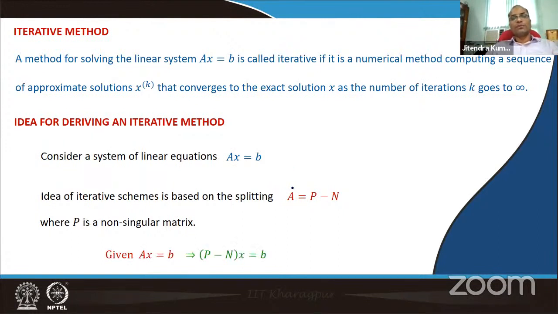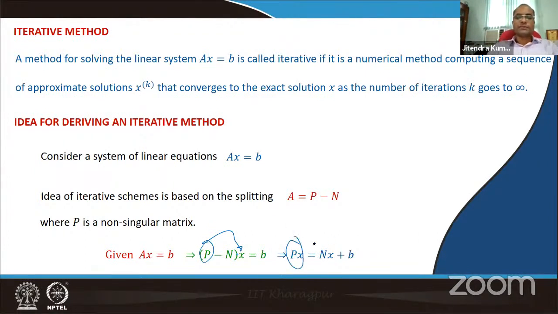Then Ax = b has this splitting, P minus N or P plus N, whichever way, the sign does not matter. It's just for simplicity of writing the formula. Then this non-singular part you keep with the x, and the rest you bring to the right hand side.